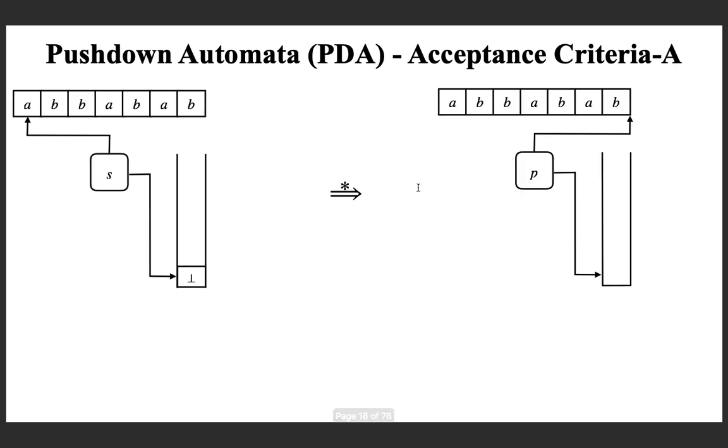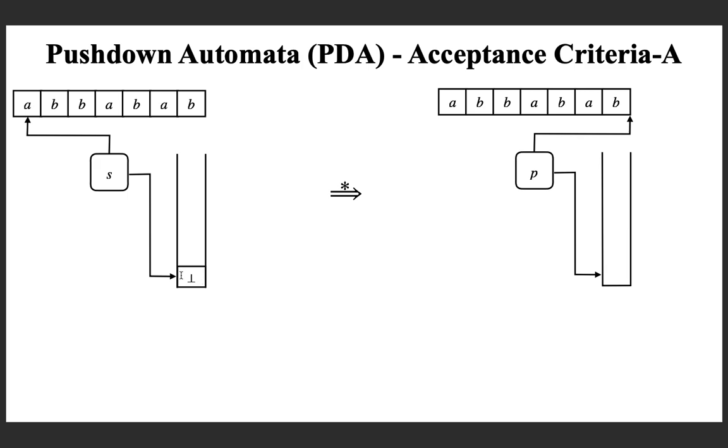Here you can see two different acceptance criteria. One is this: you start processing where the read head is pointing to the first symbol of the input with the stack containing only the bottom symbol.